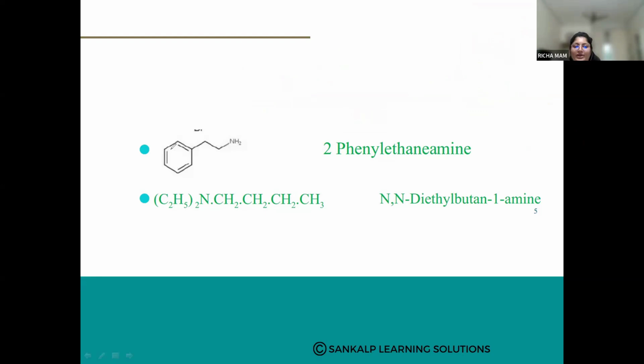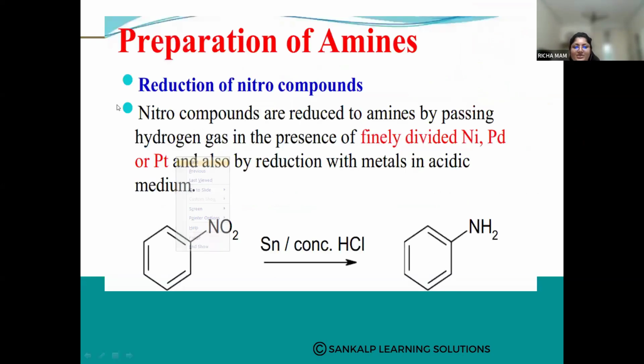Is it clear? Okay, let us start with the preparations. The first one is by reduction of nitro compounds. We can easily reduce nitro compounds to primary amines.